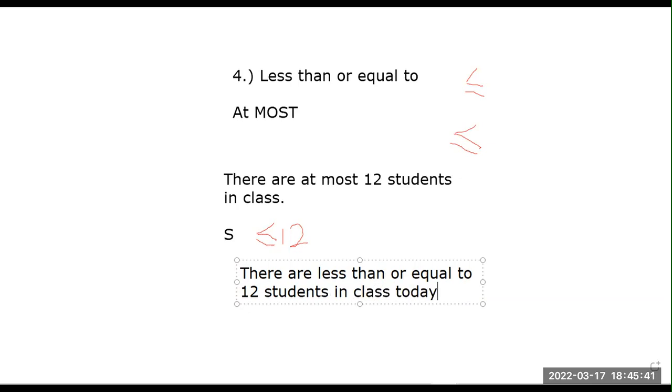So this is another way you can write the same sentence. Both sentences use the sign less than or equal to. You can either say there are at most 12 students in class, or there are less than or equal to 12 students in class today. So this is the fourth inequality, and these are two examples with different wordings that mean the same thing.